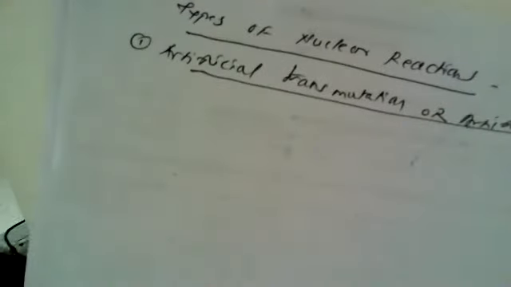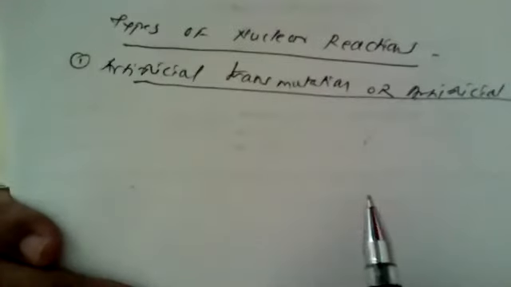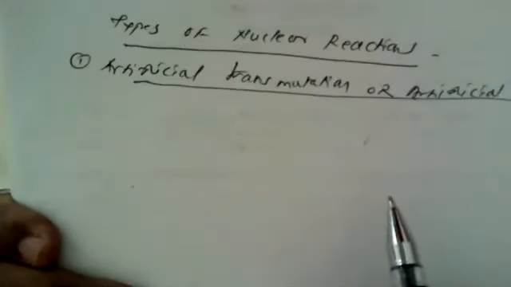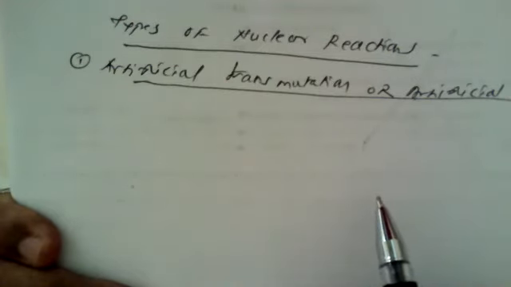So what is this artificial transmutation or artificial disintegration? The conversion of an atom of one element into an atom of another element by artificial means, that means man-made, or synthesized artificially, is known as artificial transmutation or artificial disintegration.